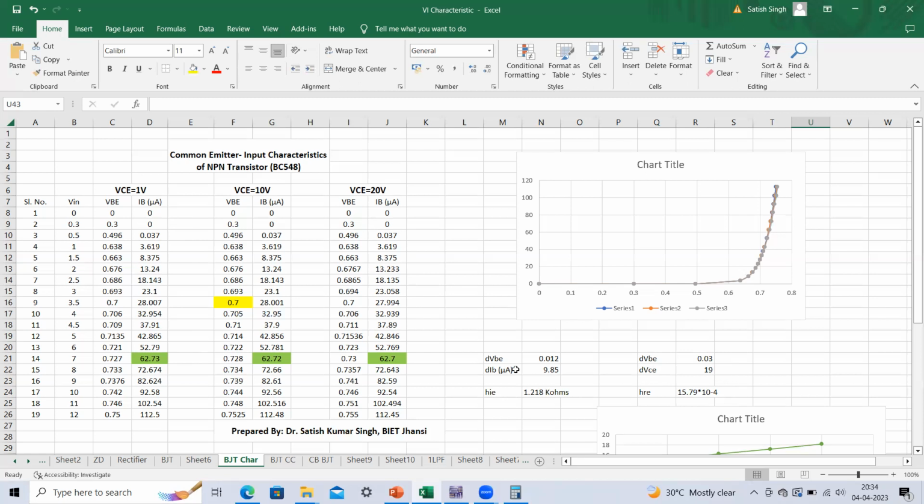And here you can see this IB current is constant: 62.72, 62.73, 62.7. The corresponding value of VBE is 0.73 at this point, and it is 0.727 at this point. You just take the difference between the two, and it will become 0.03 volt. So you can calculate this ratio, and this ratio will be coming out as this value.